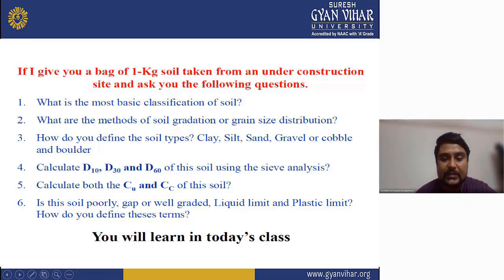Here you can see the hydrometer method, and this is an image of a set of sieves, where gravel will be in one sieve, sand in another sieve, and fine soil in another. These are the sieves, which have different sizes.